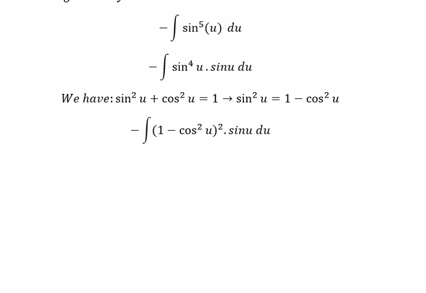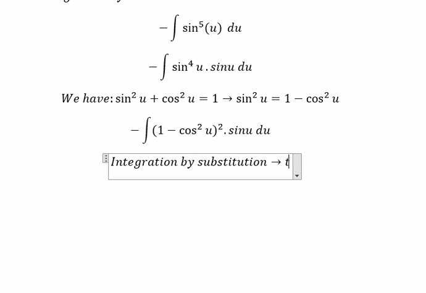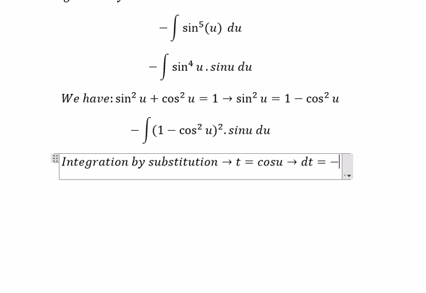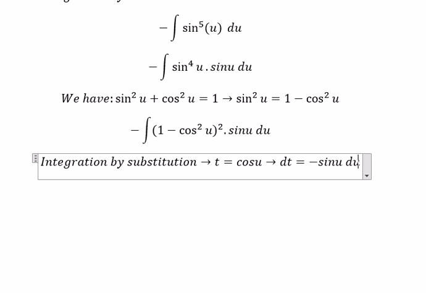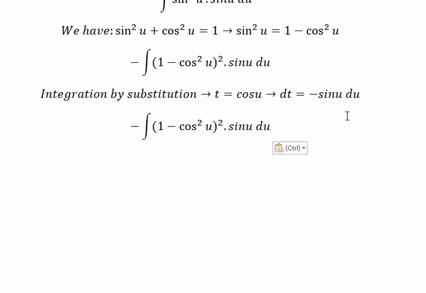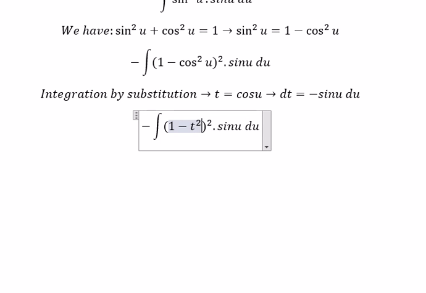Now we can use integration by substitution. So we will put t equal to cosine u, dt equal to negative sine u du. This one we change for t, so that should be t square.